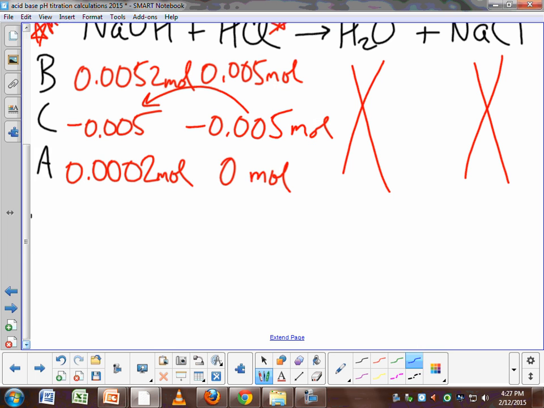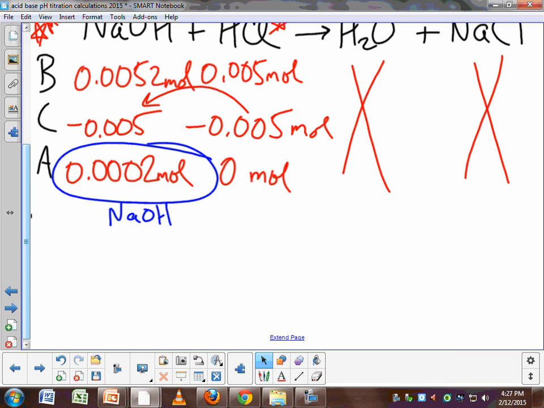What is in our flask? This is what's in our flask. 0.0002 moles of NaOH. We're looking for pH. pH, by definition, is the negative log of the hydrogen ion concentration. If you take the negative log of that number, 0.0002 moles, you are not finding what you think you're finding.